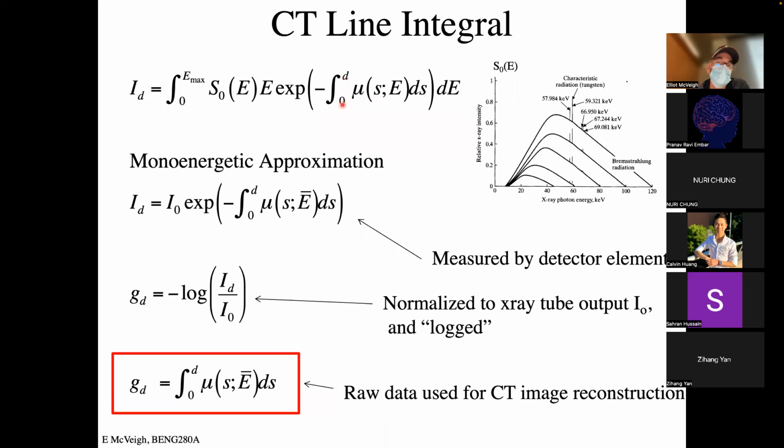Okay, so if I integrate to a certain depth d, I can calculate what the amount of attenuation will be by looking at the values of mu along that path. So mu is not going to be constant, right? It's going to go through lung, it's going to go through fat and bone and things. So this mu is a function of depth.